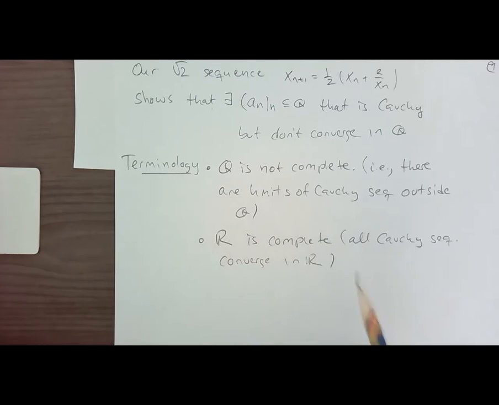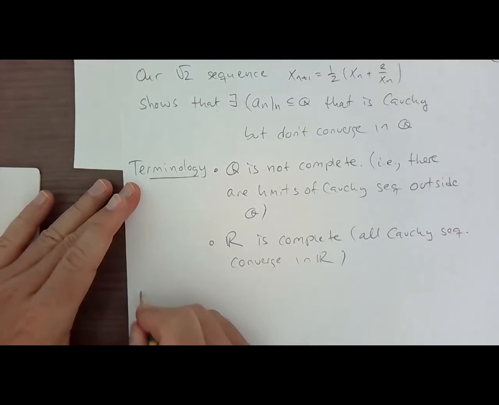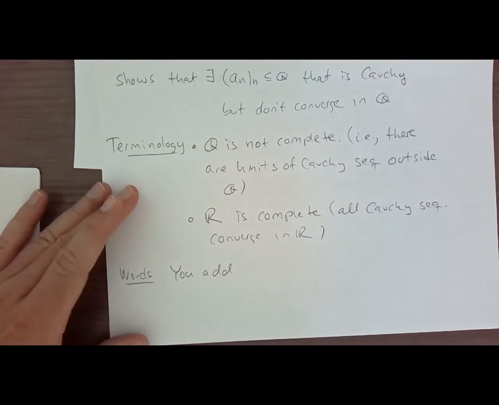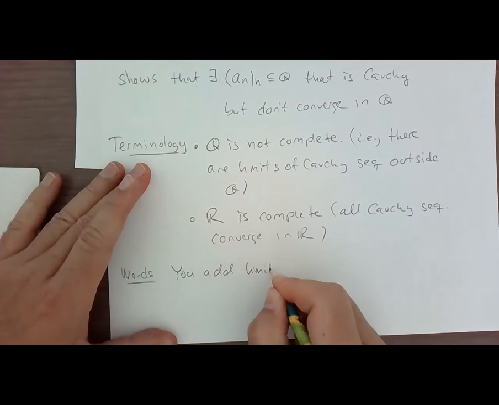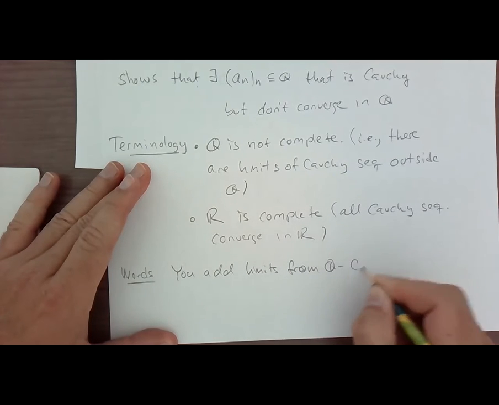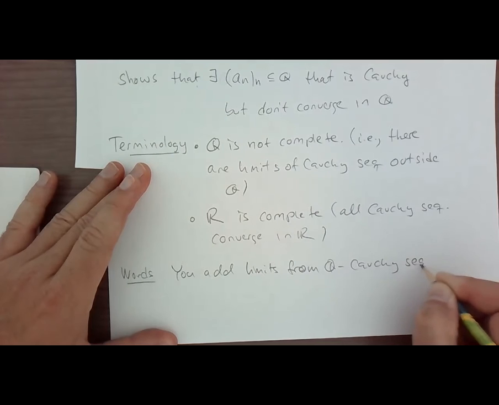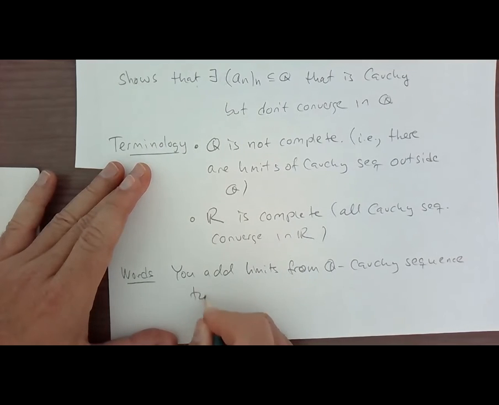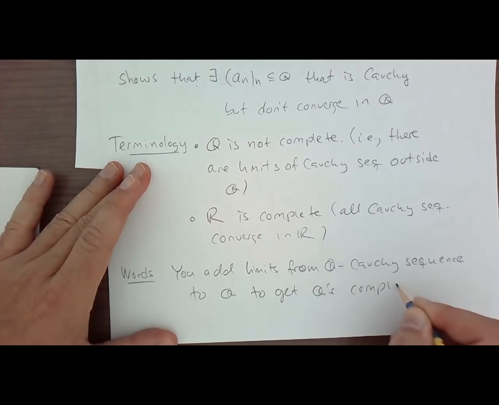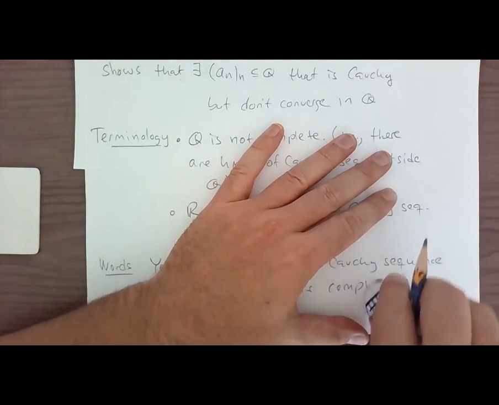So what we're interested in, in words, is that you add these limits from Q Cauchy sequences to Q to get Q's completion.